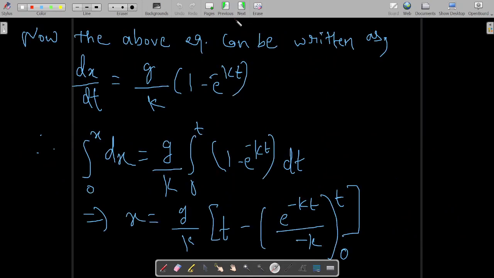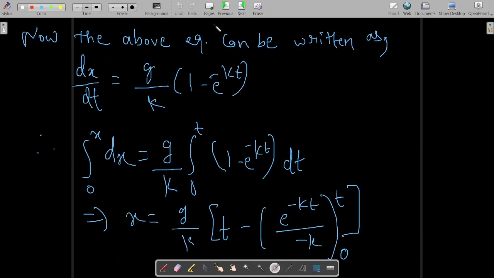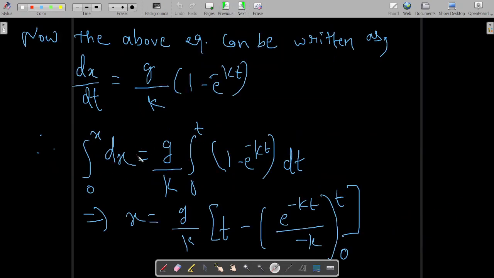Then this dx will be here, and g by k times 1 minus e to the power minus kt dt.